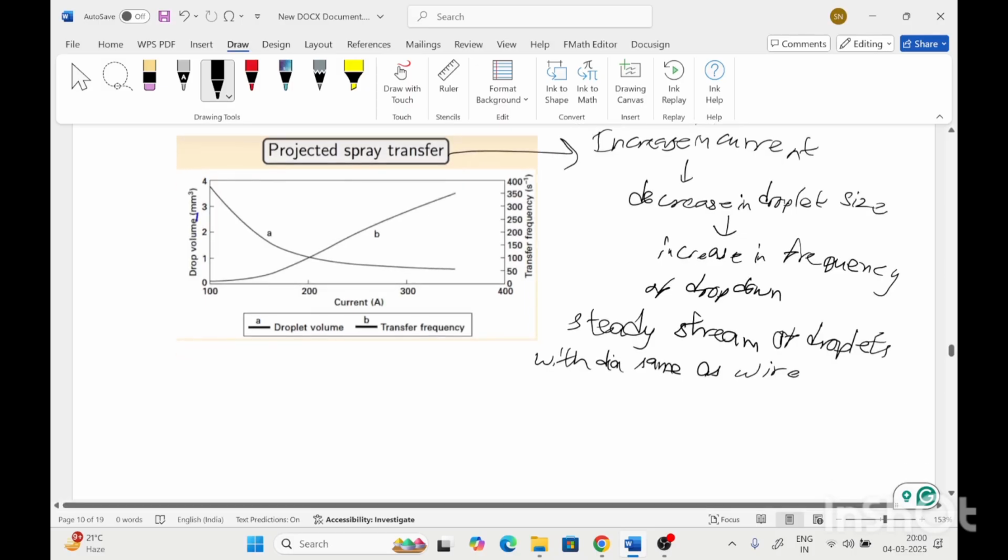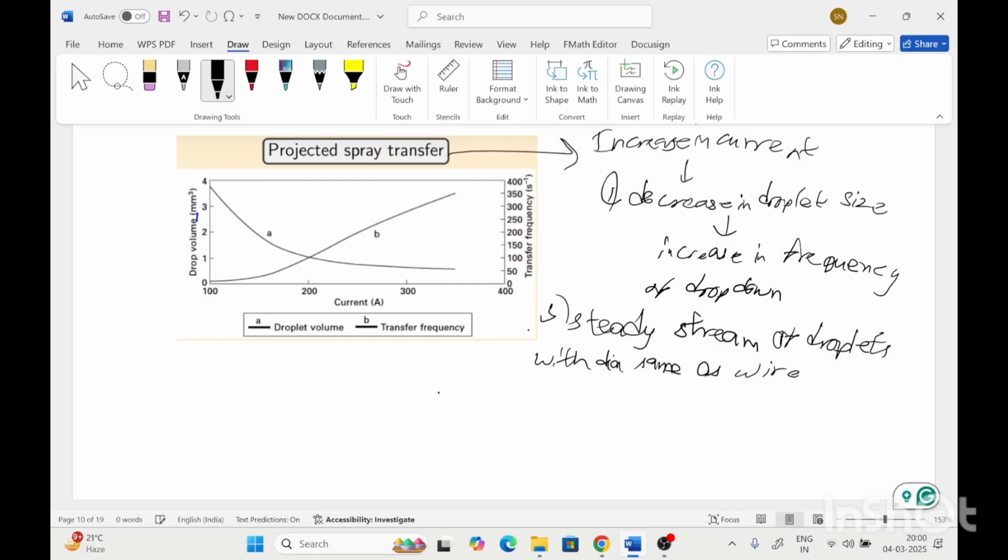The current at which this transition happens is known as the spray transition current.